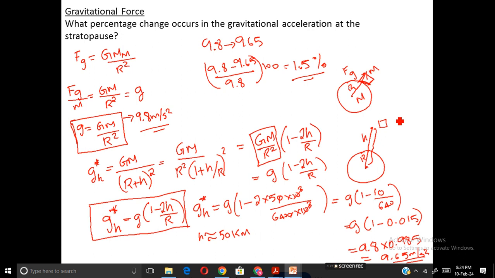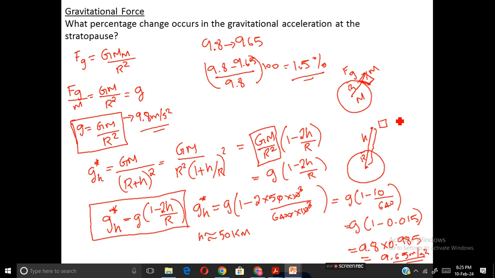So the change in acceleration due to gravity will be very small. That's why, when we talk about atmospheric motion or vertical ascent of parcels, we keep the acceleration due to gravity constant. This variation with height is not considered. So this is how you calculate the acceleration due to gravity at a particular height.